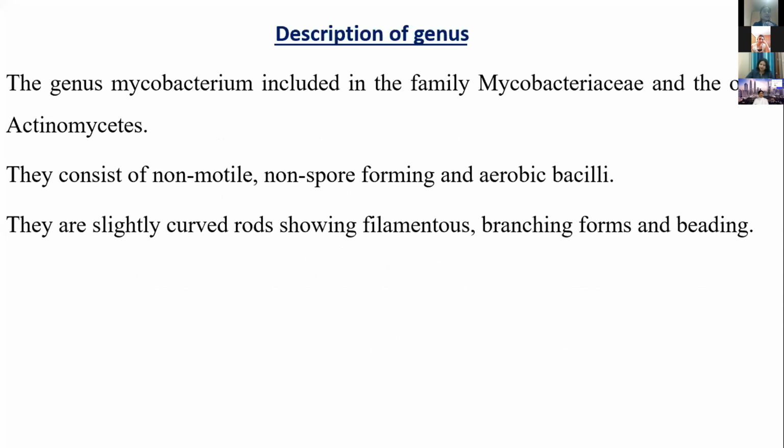The genus Mycobacterium is included in the family Mycobacteriaceae and the order Actinomycetales. This genus consists of non-motile, non-spore-forming aerobic bacilli. They are slightly curved rods showing filamentous branching forms and beading.